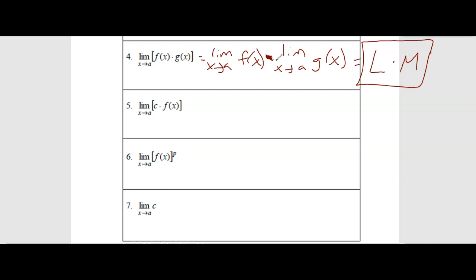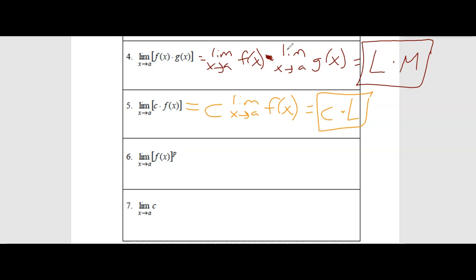C is a constant. So they're saying multiply a function by a constant and then find the limit. Well, I can just pull the constant outside, right? So I can have C times the limit as x approaches a of f of x, and then I get C times L. So I can just apply the constant at the end of the process rather than applying it first.